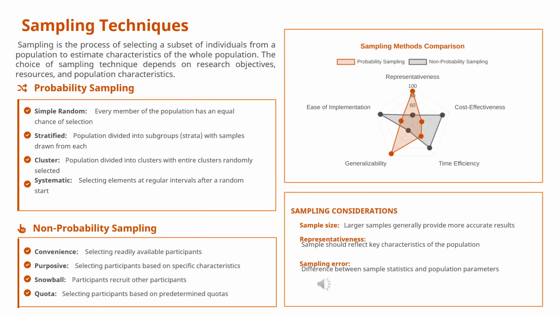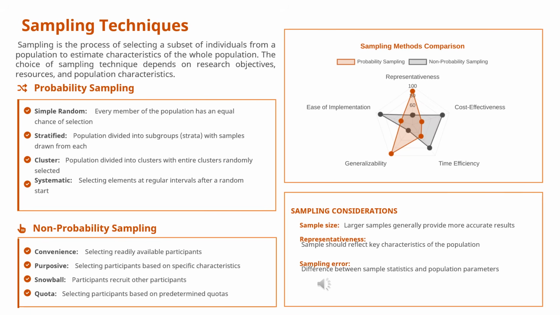On the other hand, we have non-probability sampling, and this involves selection based on non-random criteria, meaning the probability of any individual being chosen is unknown. While these methods don't allow for statistical generalization to the larger population, they are valuable for specific research questions, especially when you're conducting qualitative studies.